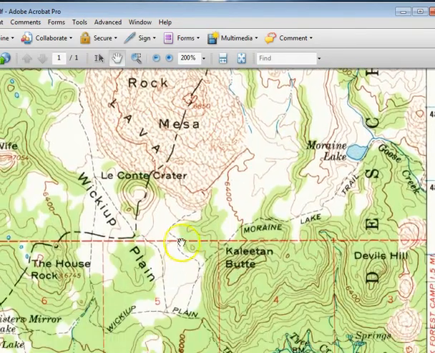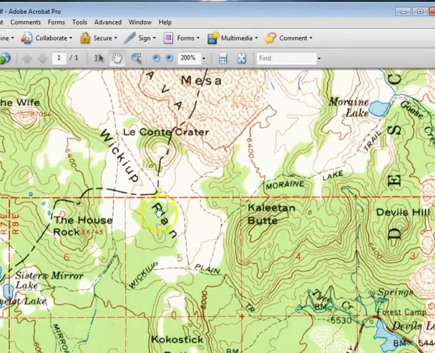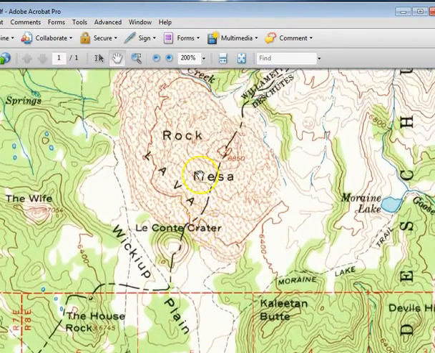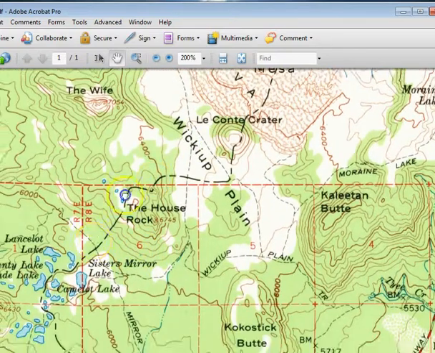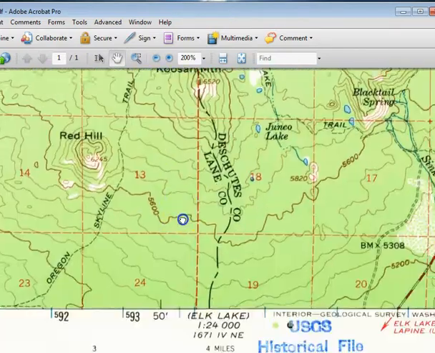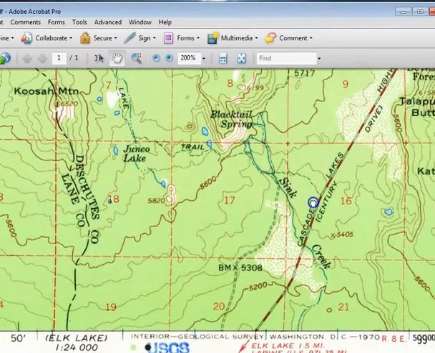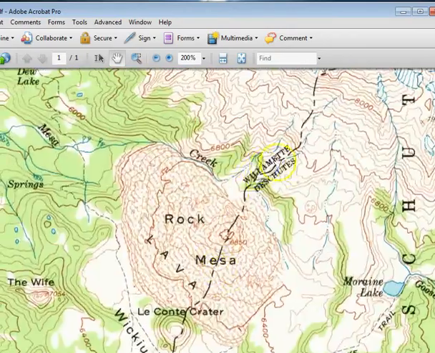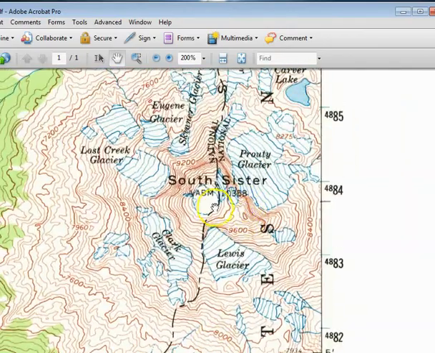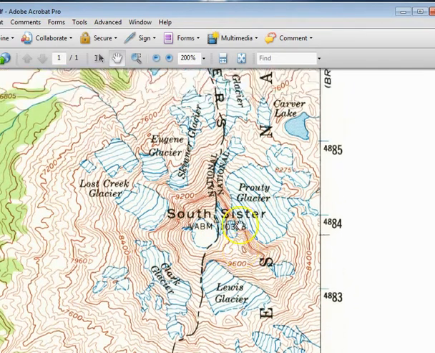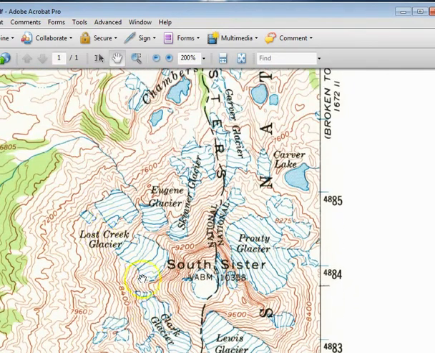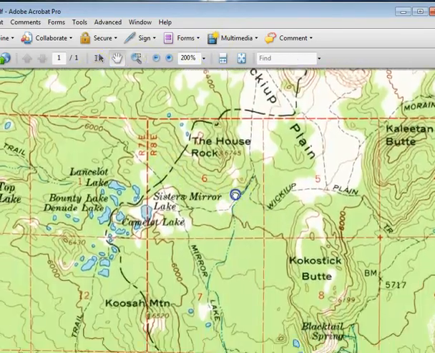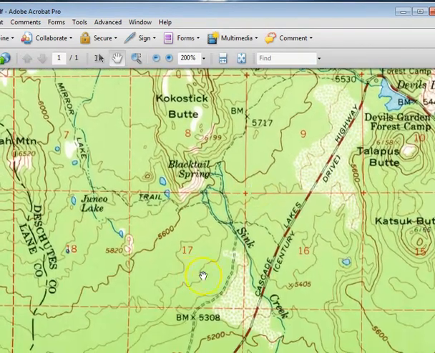Let's see, anything? I think there might be a crater on this, but maybe not. I don't see any depression in this. I think there was one. Let me see if I can find one. It may not be big enough to show on here. A depression crater, no. Range 8, section who?